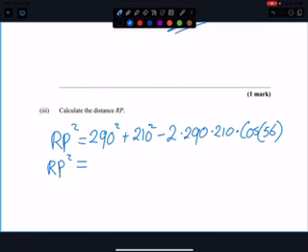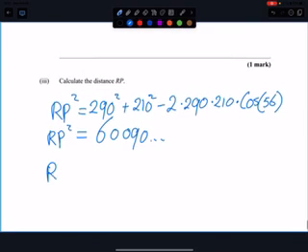If done correctly, RP squared would have been 60,090 and something.